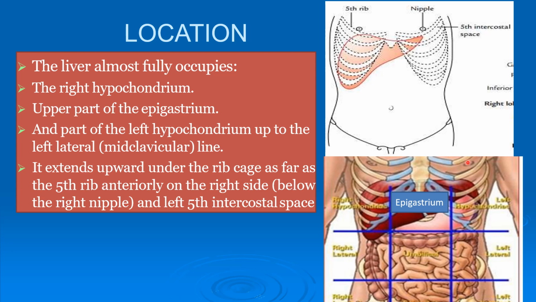This is the mid-clavicular line, which is an imaginary line drawn from middle of clavicle through the nipple downward. So up to the left mid-clavicular line, the liver is extended in the left hypochondrium.